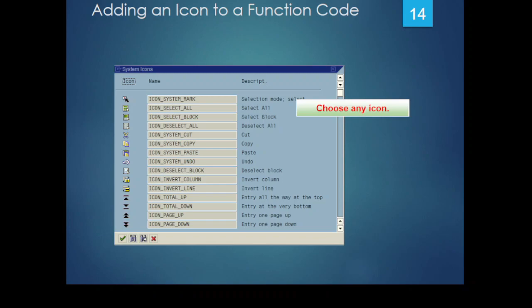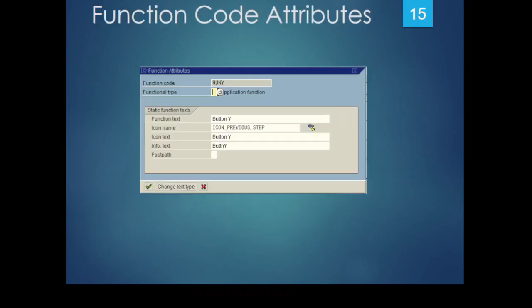We can choose any icon and then assign it to our function code. This is called function code attributes, as I already said. Icon name: here you can find the icon we selected in the previous step for our new customized button named button Y.